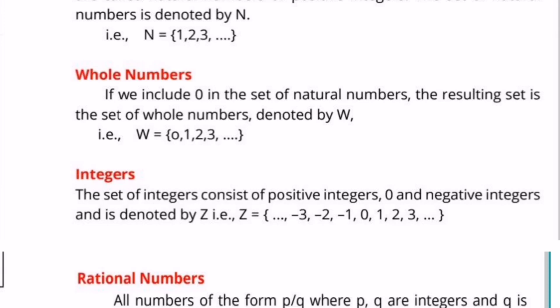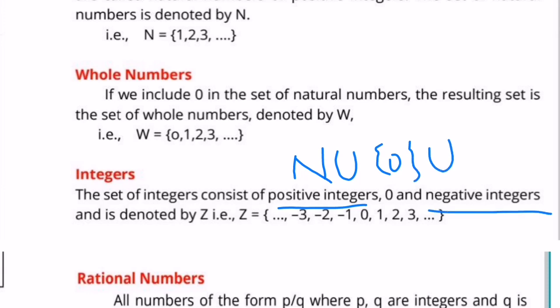Now integers. The set of integers consists of positive integers, 0, and negative integers. Positive integers means natural numbers, 0, and negative integers -1, -2 and so on.